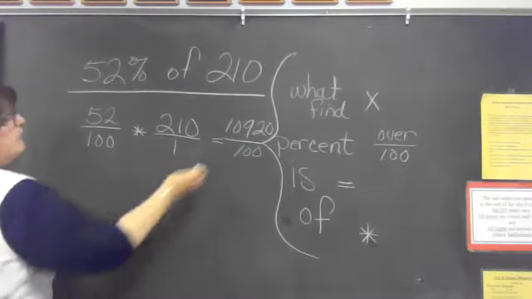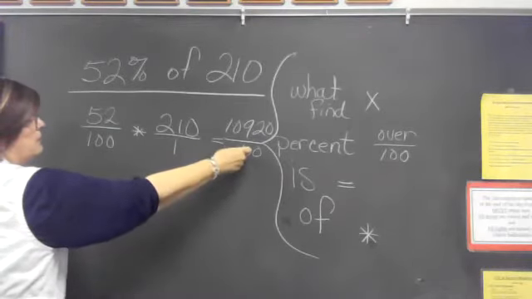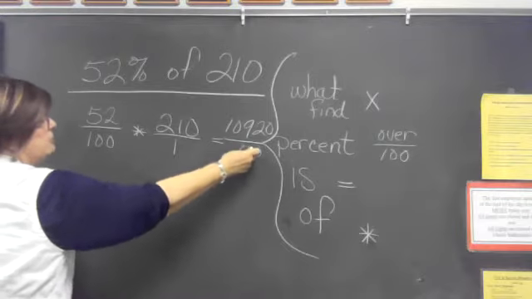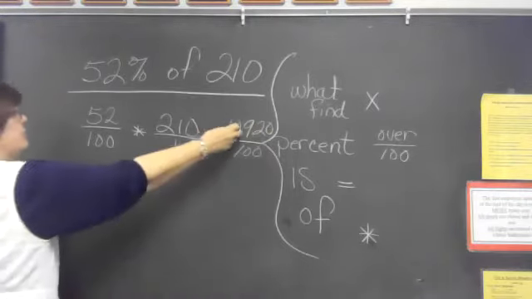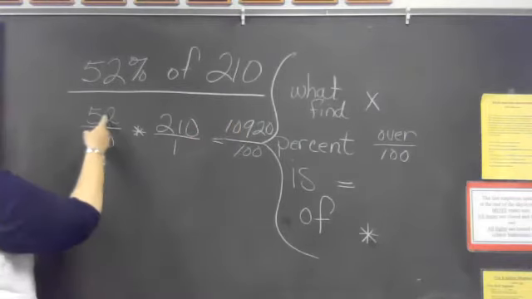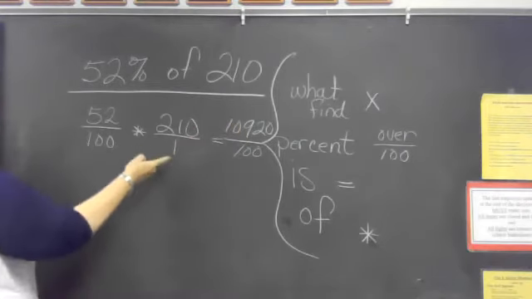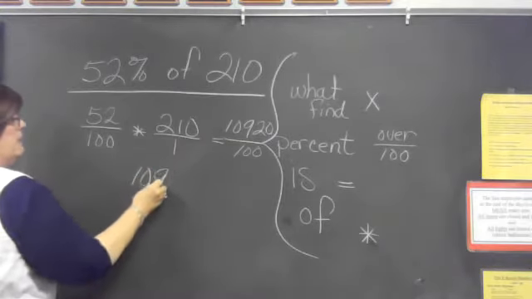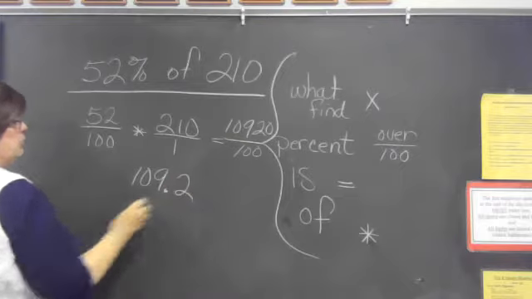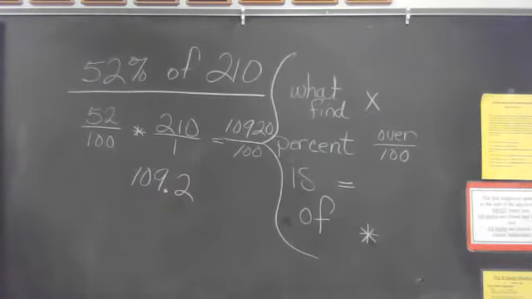And then when you divide this out on your calculator, when you divide by 2 zeros here, it just moves the decimal back. But you can do this on your calculator. And so 52% of 210 is 109.2.